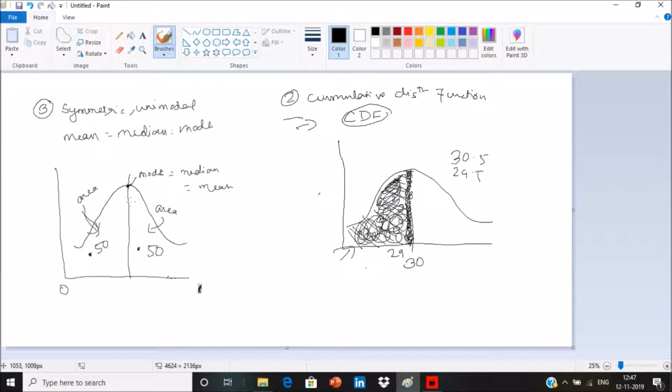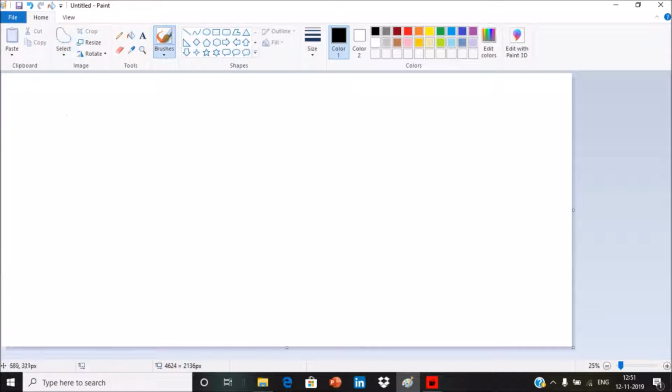And finally, the normal distribution is unimodal, that is, it has only one mode, that is, it has only one maximum point.